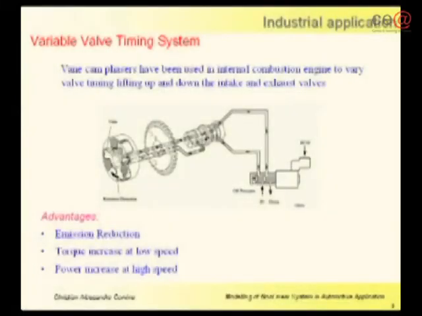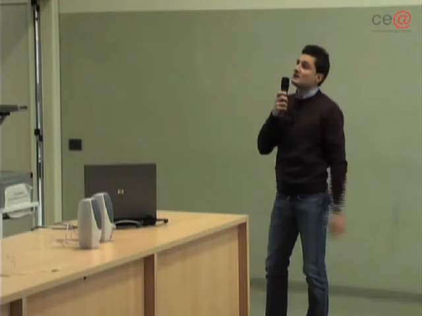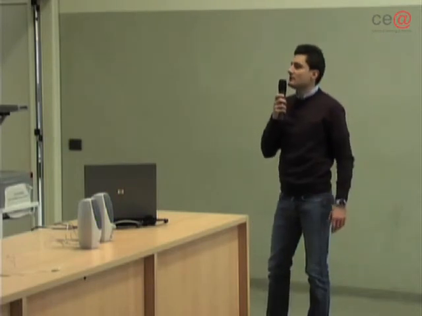How does the variable valve timing system function? In this picture I show you the complex system, because it's composed of an electro-hydraulic valve at the right of the picture, and at the side, I show you the cam phaser. The system functions with the following inputs: oil pressure and oil flow rate.